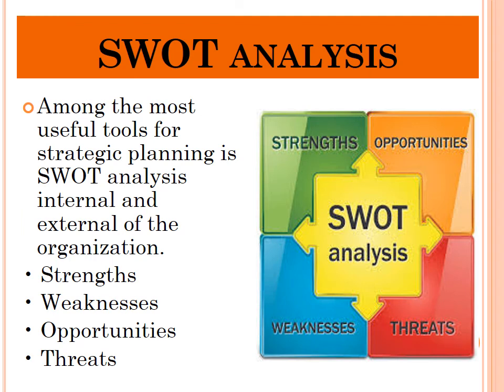Then comes the SWOT analysis. What is SWOT analysis? It is strengths, weaknesses, opportunities, and threats. S for strengths, W for weaknesses, O for opportunities, and T for threats. SWOT analysis is also a theory. Among the most useful tools for strategic planning is SWOT analysis.